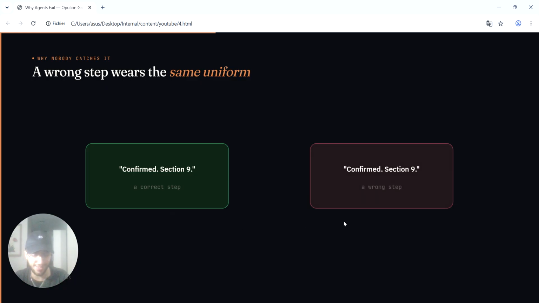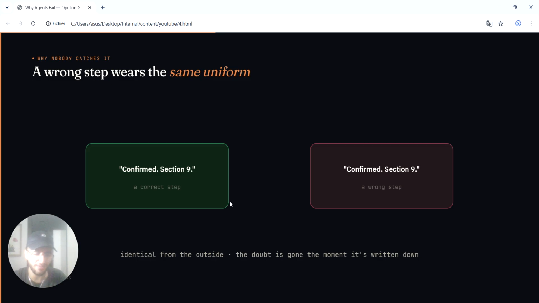And this one is the wrong step. Look at it, it's identical: same confidence, same clean formatting, same citation. So the wrong answer wears the exact same uniform as the right one, and here's the actual mechanism underneath that.